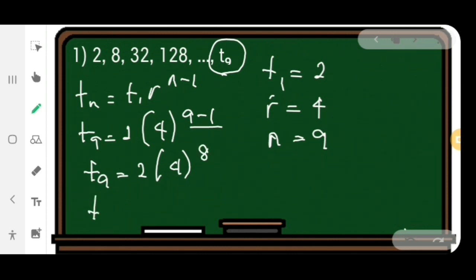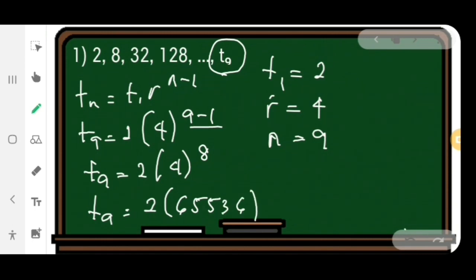Then we have t sub 9 is equal to, now between multiplication and exponent, we are going to get the power first, the 4 when raised to 8. So 2 times 4 raised to 8 is equal to 2 times 65,536.